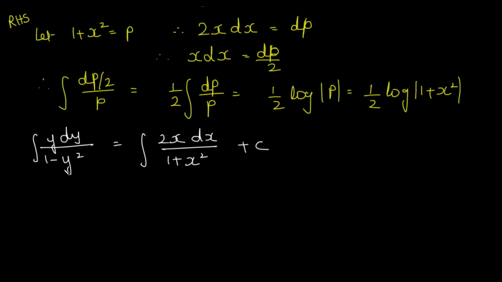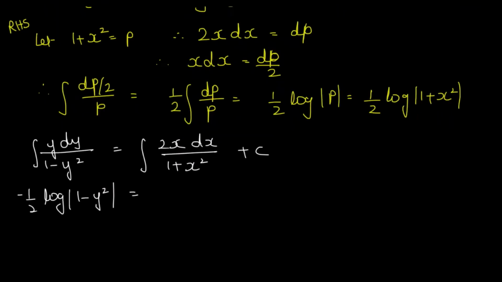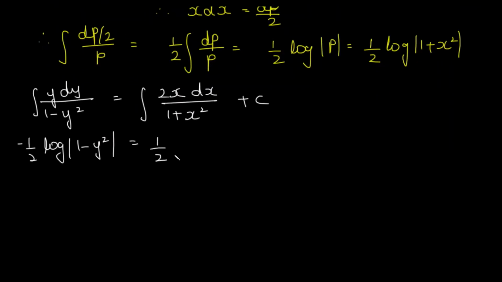So upon solving this, the answer that we are going to write over here is minus 1 upon 2 log of mod of 1 minus y square. This becomes the answer for the LHS, and on the RHS it becomes 1 upon 2 log of 1 plus x square plus c.